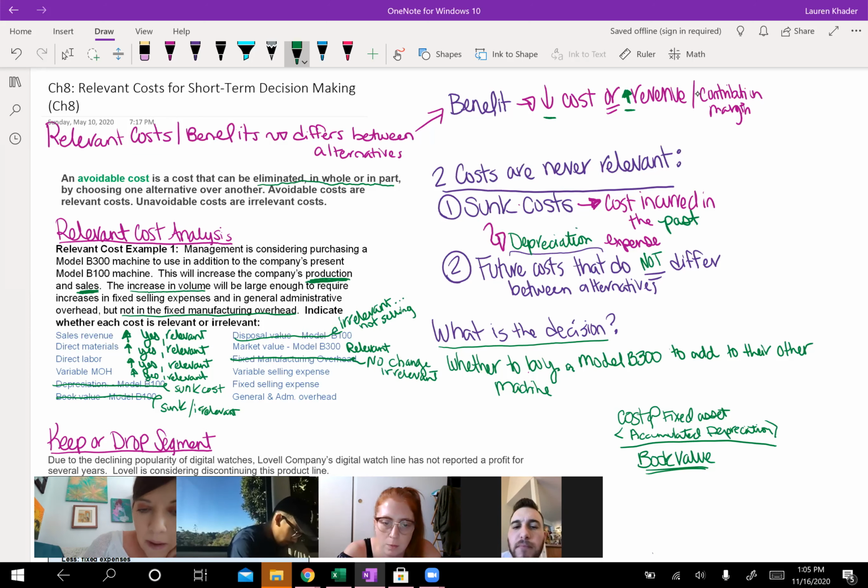Variable selling expense. Relevant. It's relevant because you're going to have an increase in sales. So if you have an increase in sales, unless stated otherwise, your variable selling expenses will also increase because it's variable. So it's increasing. It is relevant.